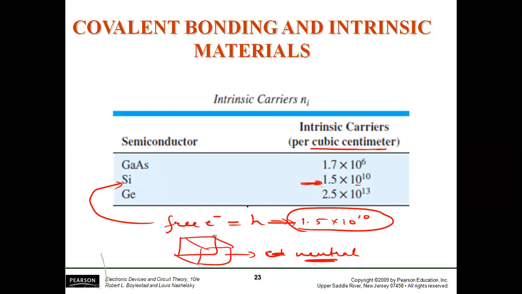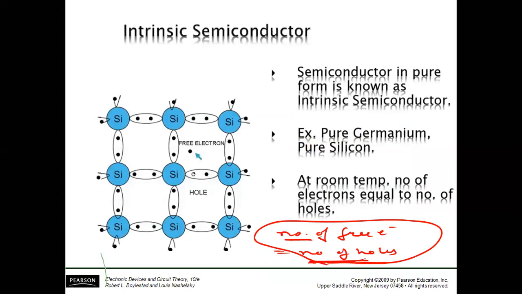One more thing: suppose this electron flows in this direction, and then there will be a vacancy in this direction. If the electron is jumping in the clockwise direction, we will feel like the hole is jumping in the anti-clockwise direction. We also know that if electrons flow in this direction, current is in the opposite direction.